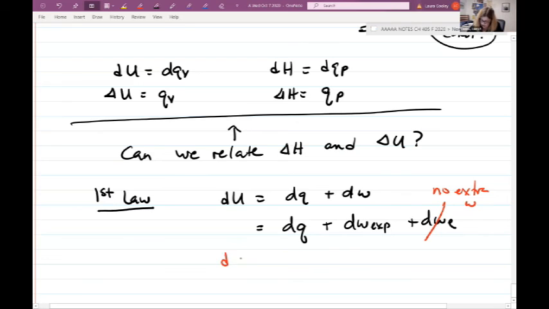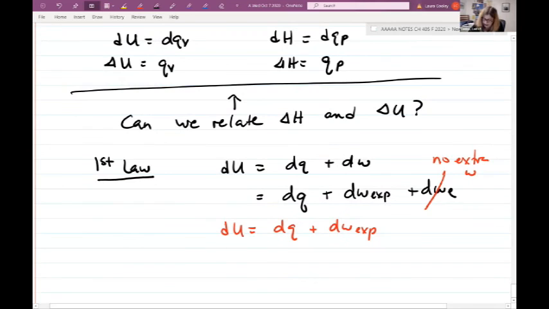So we have dU is dq plus dw expansion. Now, if the pressure is constant, this dq becomes dq at constant pressure.